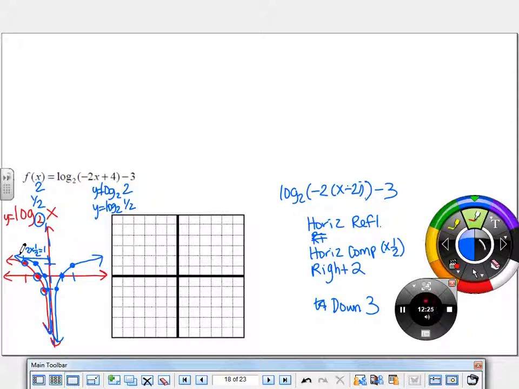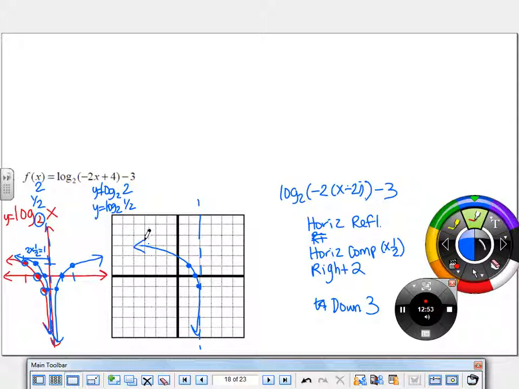Then we're going to shift everything to the right 2. So I'm going to go ahead and make that on the new graph. That's going to put our asymptote here to the right too. The point on the axis is 1/2 a unit away. The point 1 above it is 1 unit away. And then there's this point that's just 1/4 of a unit away. And I'm going to make that curve, so that's everything shifted to the right 2.